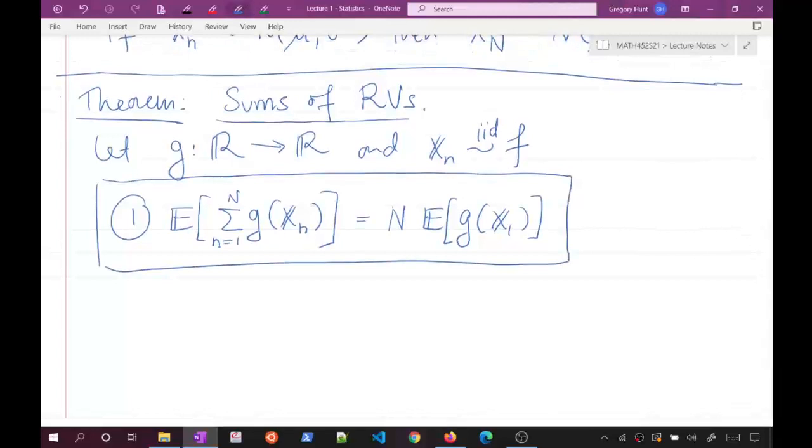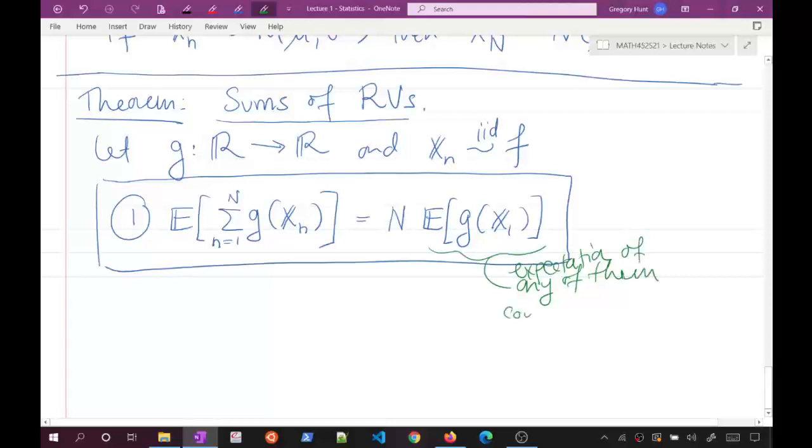So a couple things to note. First of all, basically what I'm doing is we're going to take our random variables and throw them into some function. Doesn't really matter what function it is. This will work for any function or no function at all. If I take those transformed things and I sum them up, the expected value of the sum of them is just n times the expectation of any of them.